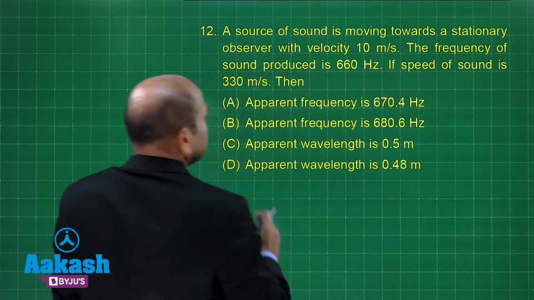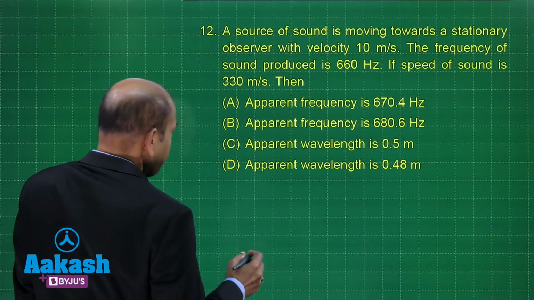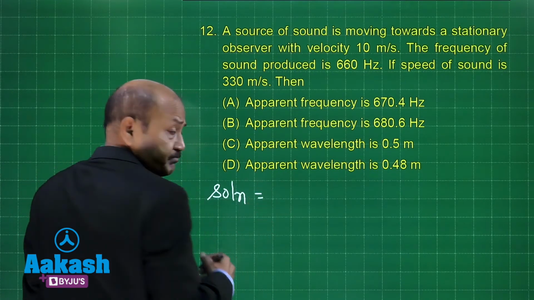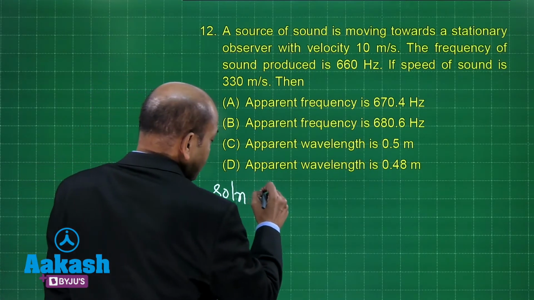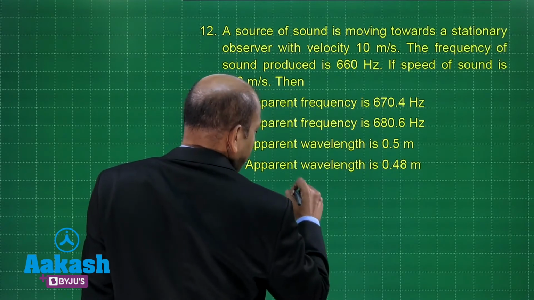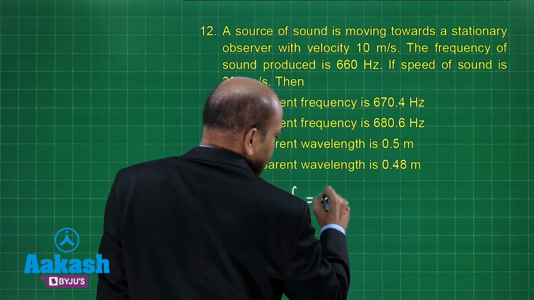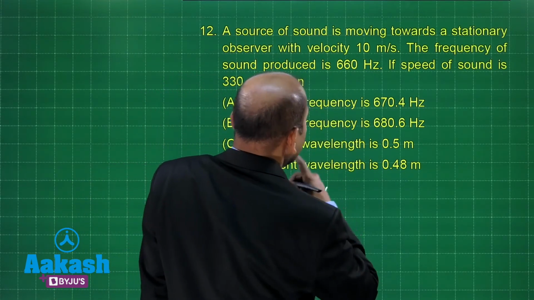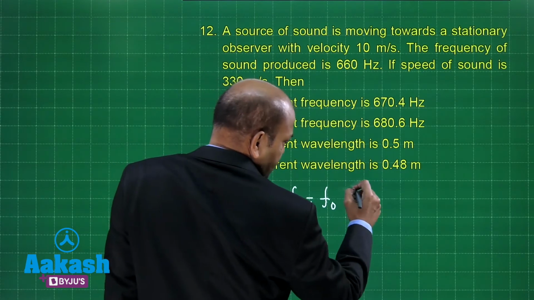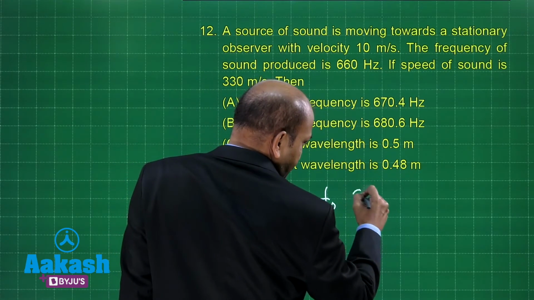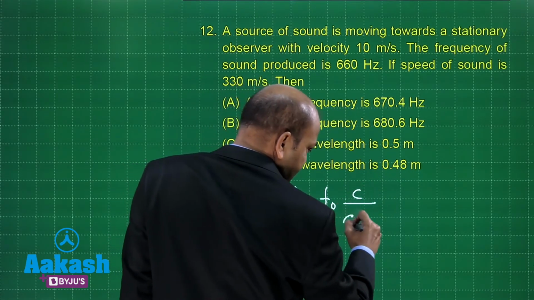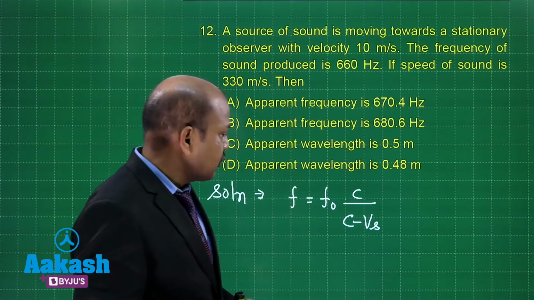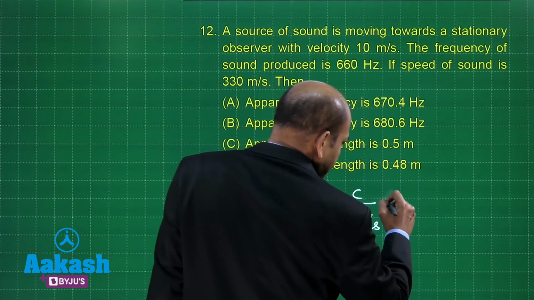Now, as far as the apparent frequency is concerned, we can apply the formula. That formula is F dash, which is the apparent frequency, equal to F naught. Here the observer is stationary and the source of sound is moving. So, the speed of sound, let us call it C, divided by, in this case, C minus Vs. The source is moving towards the observer, and let us plug in the values.